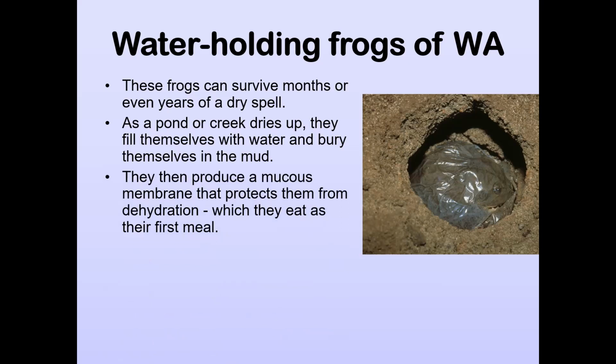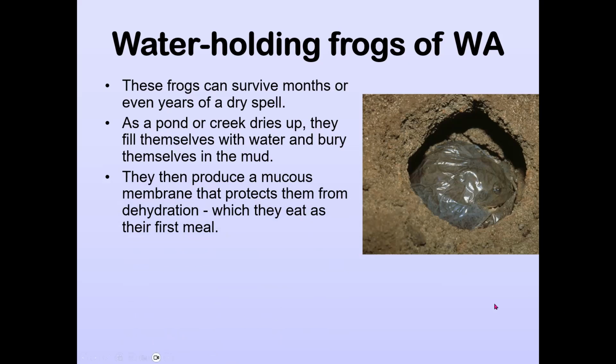This mucus layer doesn't allow the water to evaporate, so it keeps them hydrated. And when the waters come back to the pond or creek and reach them, it wakes them up, and their first meal will be this mucus layer, because it's before insects come along.